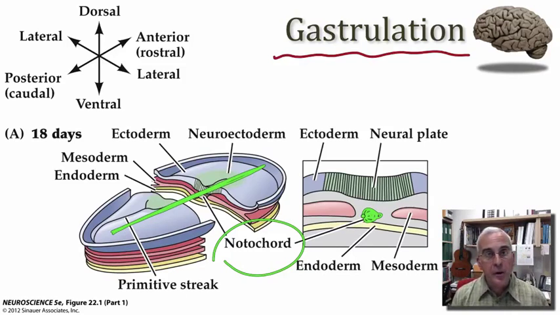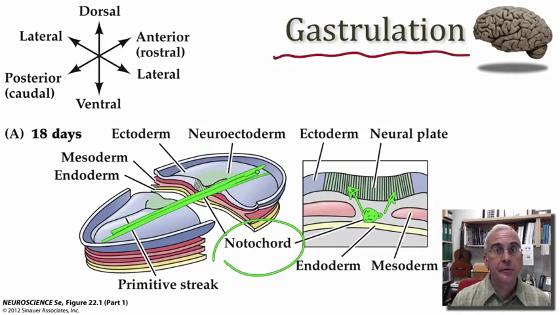Well, I'll say more about that as we progress and talk about inductive signaling. But the notochord is responsible for sending out chemical signals that interact with the ectoderm that overlies this rod-like structure that runs along the length of the embryo. These chemical signals induce a change in the fate of the ectoderm that overlies the notochord.